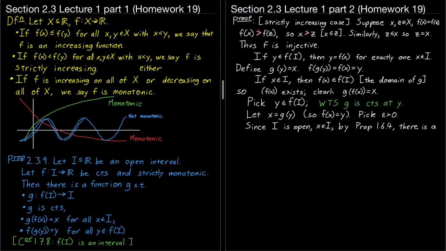I can't call it epsilon or delta, so let's call it rho greater than 0, such that x minus rho, x plus rho is contained in I. And let's let x plus be x plus whichever is smaller, epsilon over 2 and rho over 2. And we're going to let x minus be very similar.